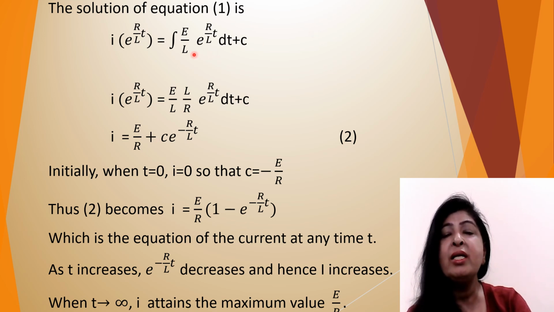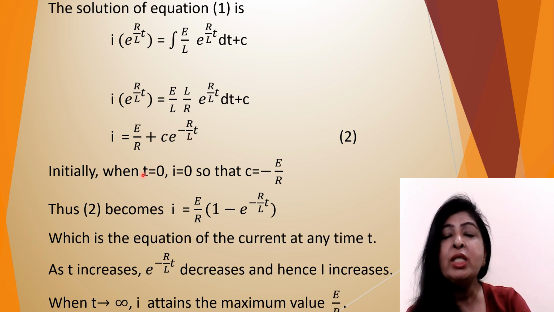Just taking the integral, E by L will be outside the integral sign, so you are left with e raised to R by L t. Taking its integral, you will get L by R e raised to power R by L t. Dividing with the help of e raised to power R by L t, we get the current I as E by R plus C e raised to power minus R by L t.